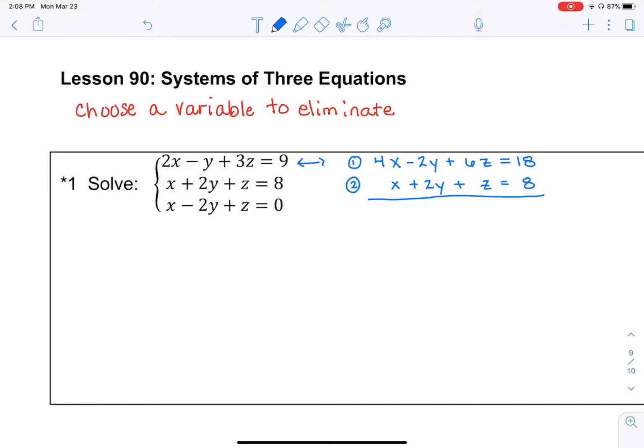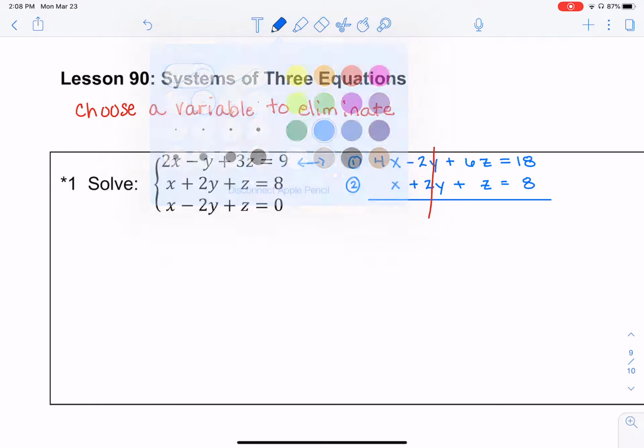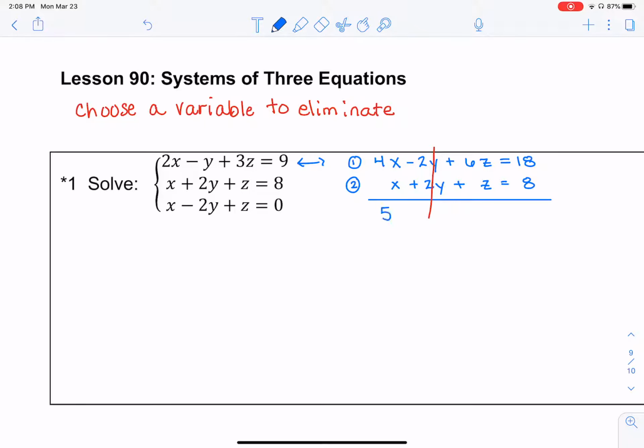This is set up now so that I can add straight down. And you'll notice that the y values will cancel. I'll go back and add everything else. Okay, that's the first step.